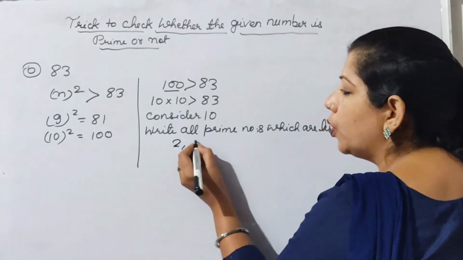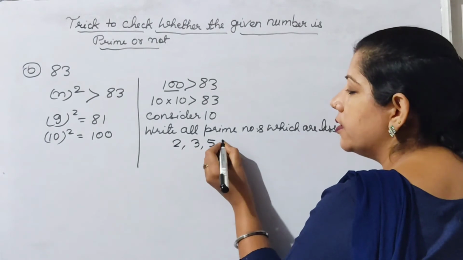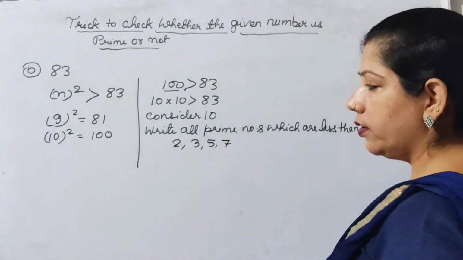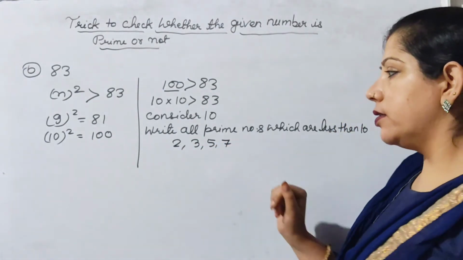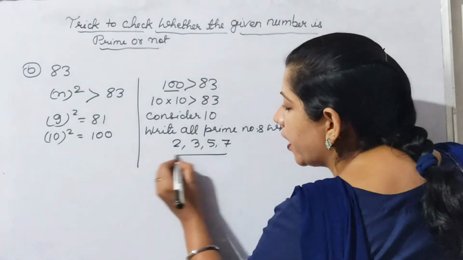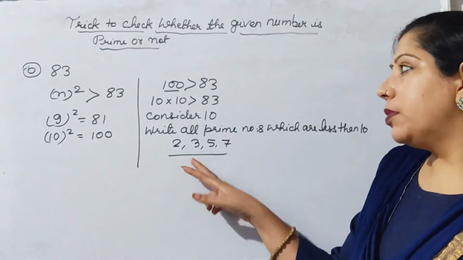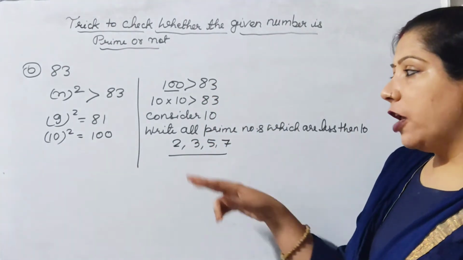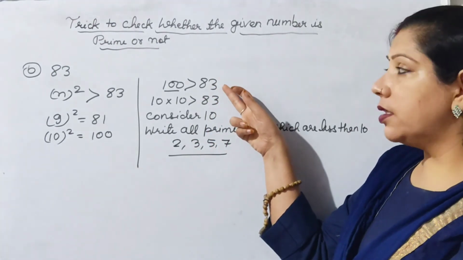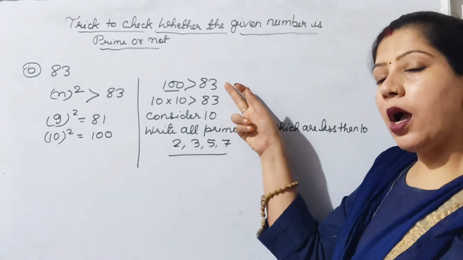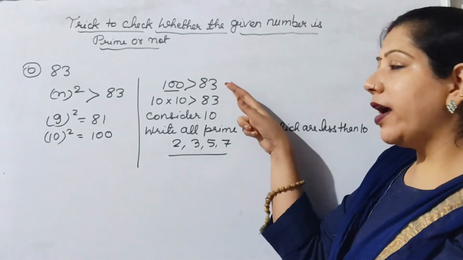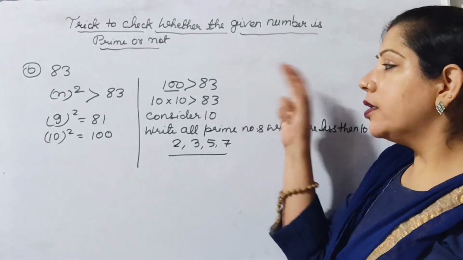That is 2, 3, 5, 7. These are 4 prime numbers which are less than 10. Now with these prime numbers, we have to check whether they divide 83 or not. If one divides it, then this number is going to be a composite number. If none divides it, it means this number is a prime number.